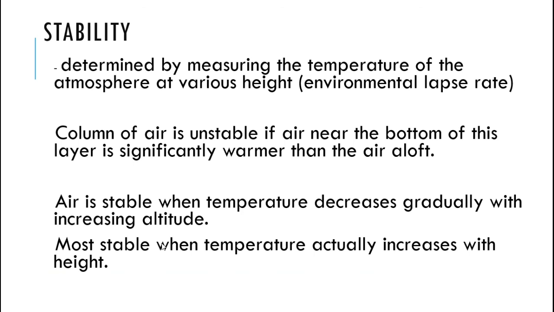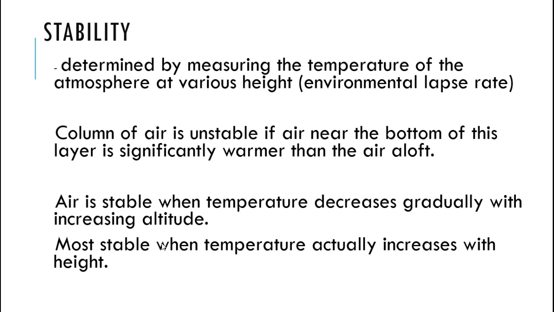Okay, so stability is determined by measuring the temperature of the atmosphere at various heights, considering the environmental lapse rate. The column of air is unstable if air near the bottom of this layer is significantly warmer than the air aloft. So kasi nga, if we have warmer air, that means it will continue to rise.